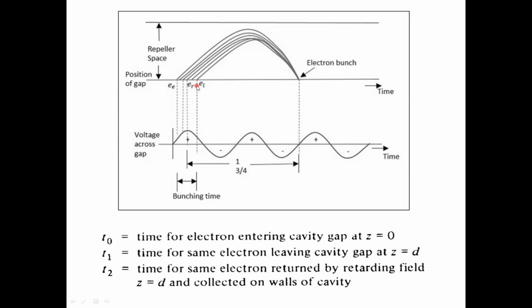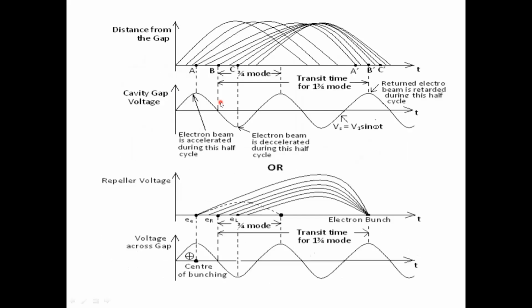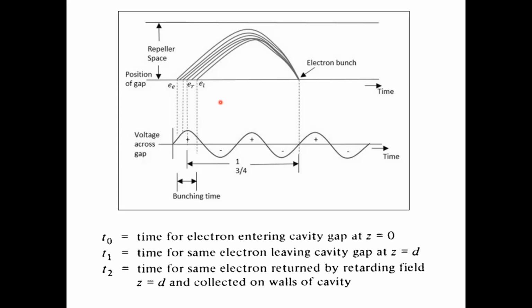Now, can anyone guess the fundamental time period? That equals n plus 3 by 4, for each specification. This is called the bunching time. For each bunching time, how to reach the next bunch? Here, 3 by 4: out of 4 full cycles, 3 cycles are occupied for this first harmonic frequency. Clear?